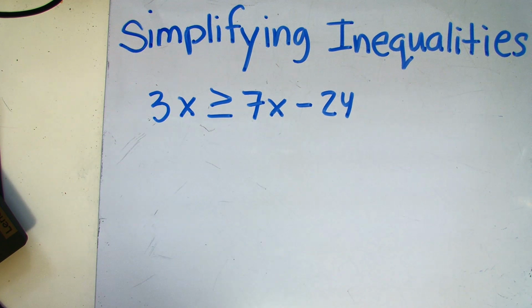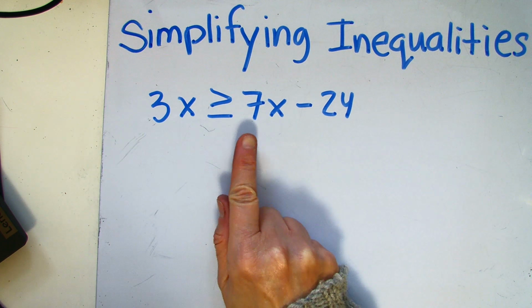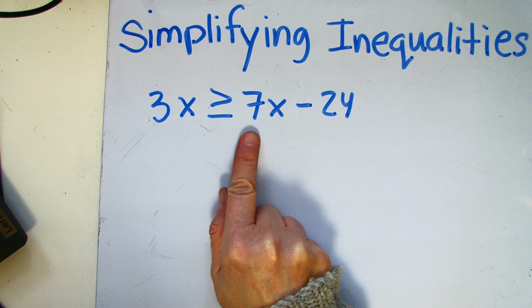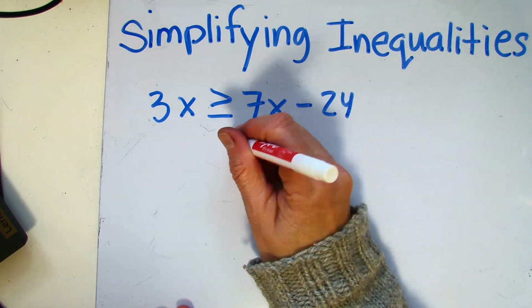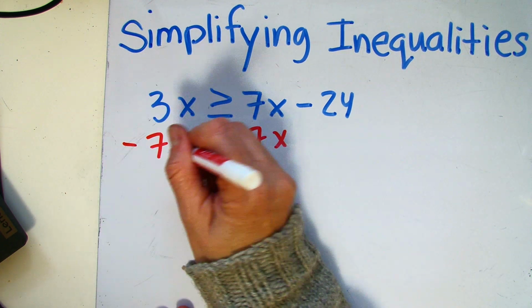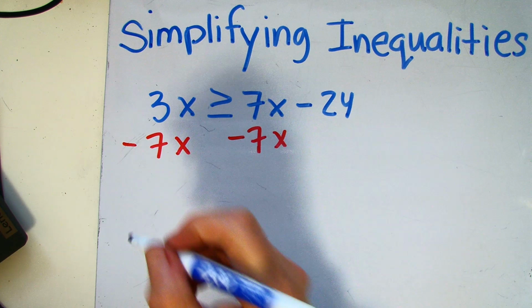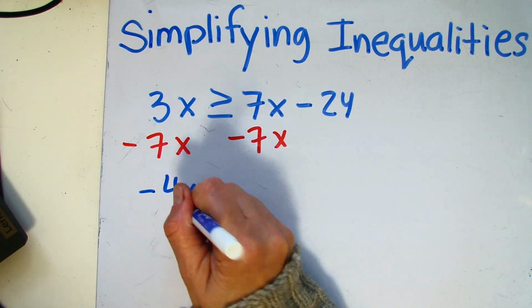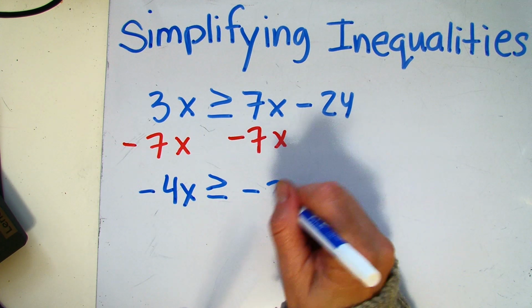To do this, I'm going to first apply the subtraction property and move this 7x over to the other side. To do that, I'm going to subtract 7x from both sides, and I'm going to be left with negative 4x is greater than or equal to negative 24.